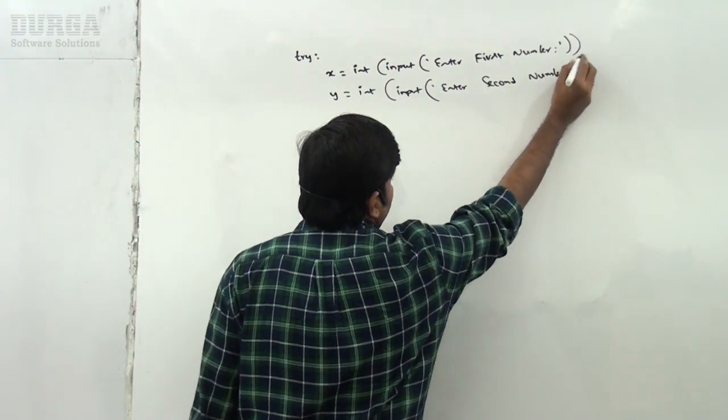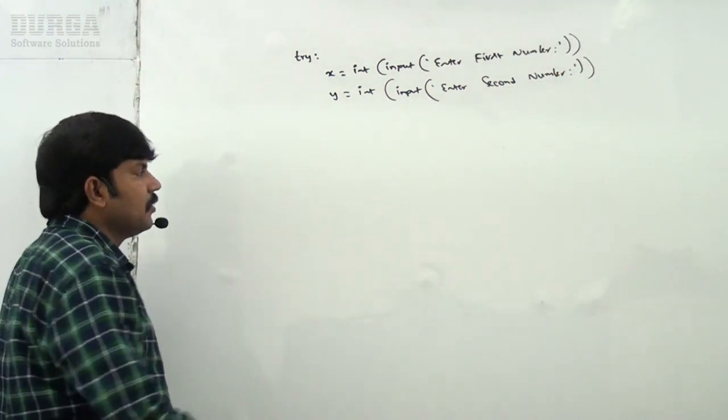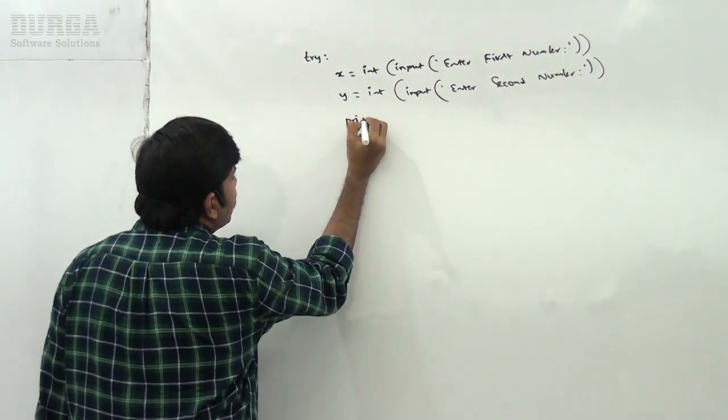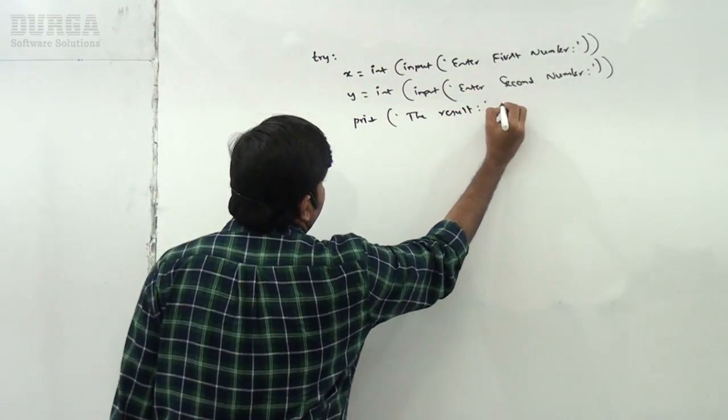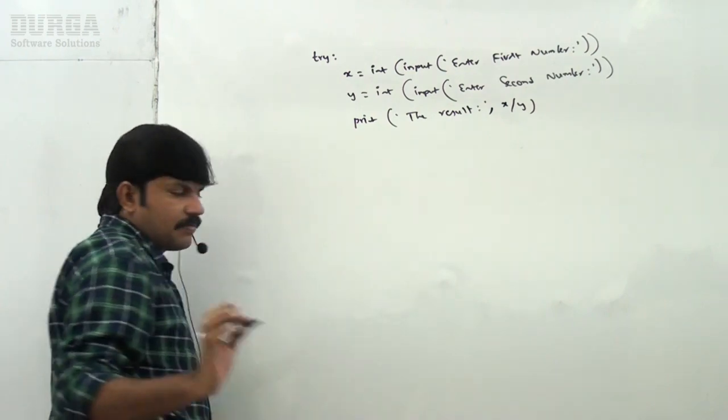Two values are there. Print the result x by y.